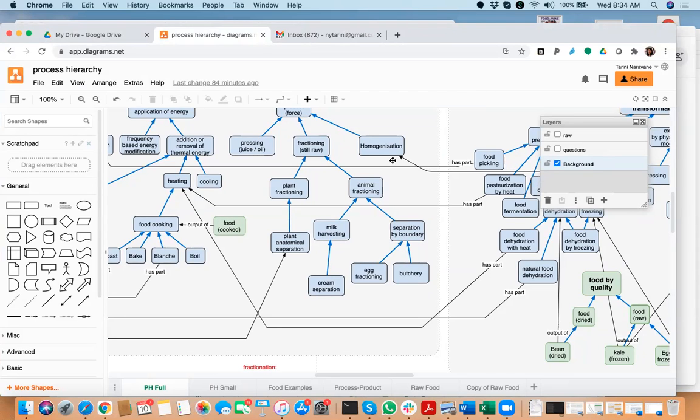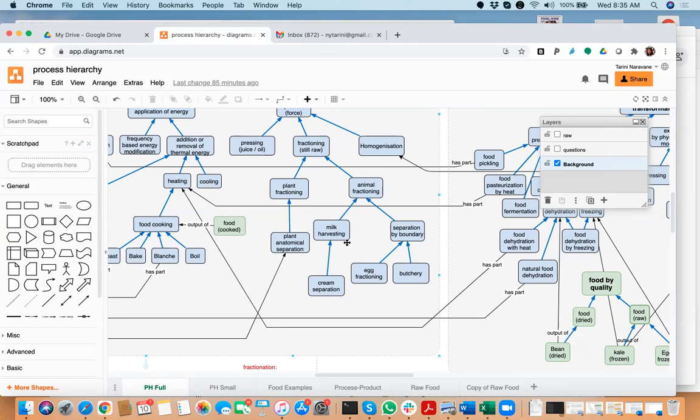Then we came to a few foods that have been cut into some kind of part of the whole. And that's what brought up this question: if you separate a part of some food from its whole, like egg yolks and egg whites and so on, is it still raw?